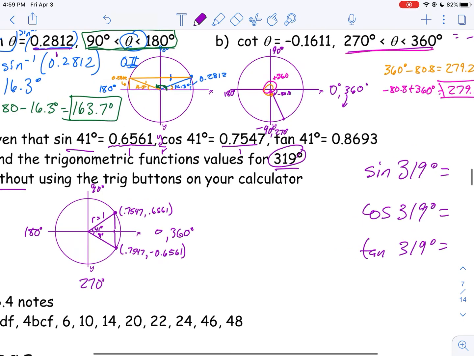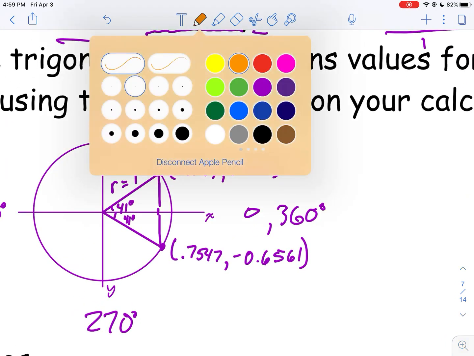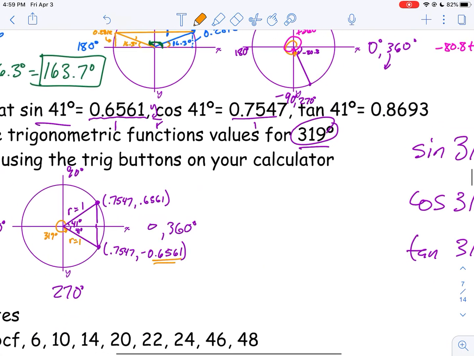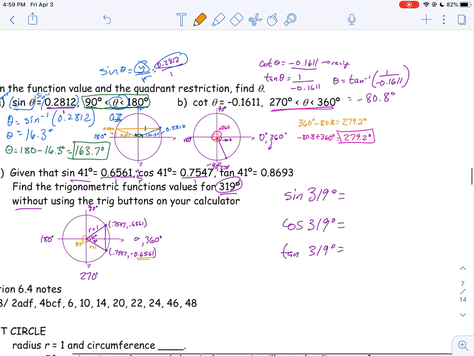Now we need to find sine of 319. Remember, 319 is just this angle here. So sine is y over r. Here's y. My radius down here is 1. So sine of 319 is just going to be negative 0.6561.